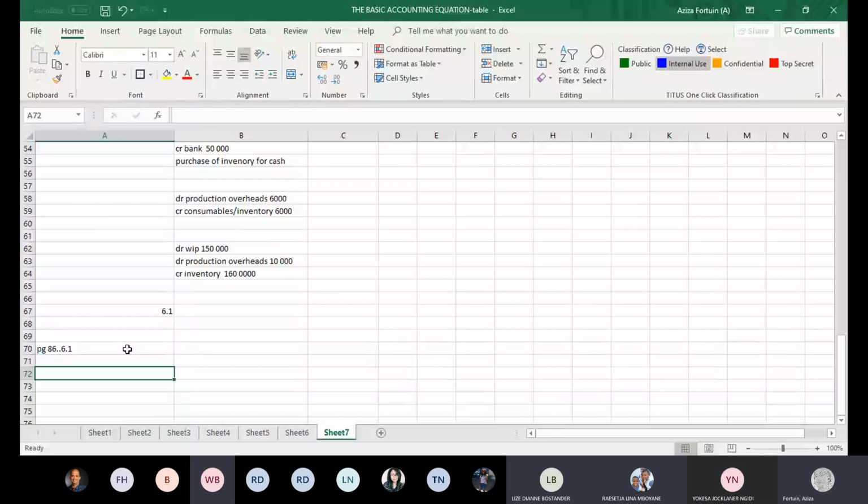And remember, we must do the narrations as well. But this 6.1 we can do in 2 minutes because there are no production overheads. It's so easy.